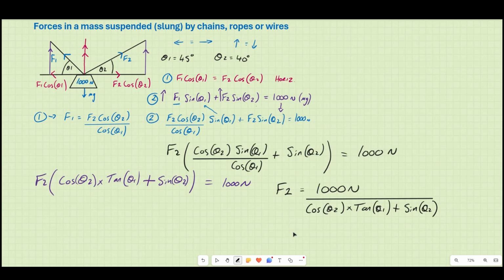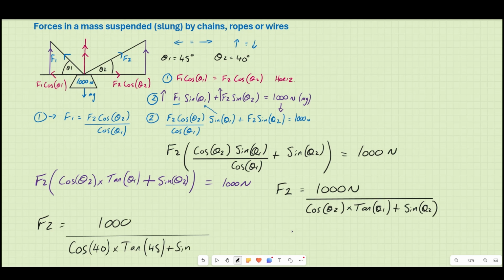So to get some actual answers, force 2, which is this one up here, the tension in that wire or chain on the right hand side. F2 is 1000 newtons over the cosine of angle 2, which is 40 degrees, multiplied by the tan of angle 1, which is 45 degrees, added to the sine of angle 2, or the sine of 40 degrees.